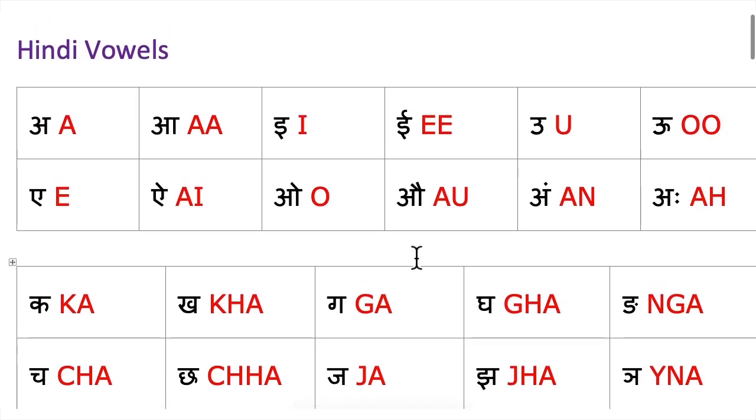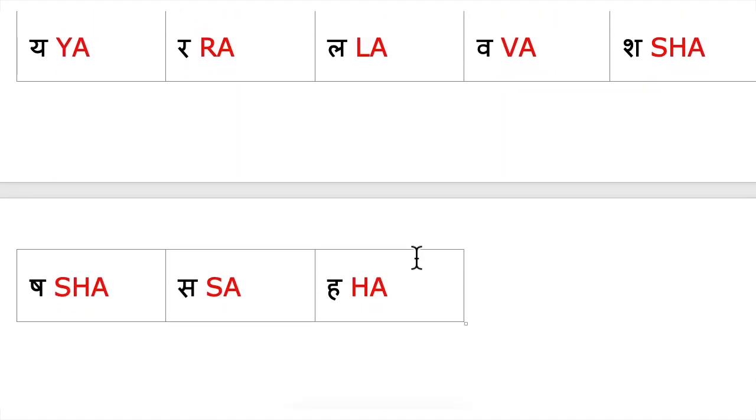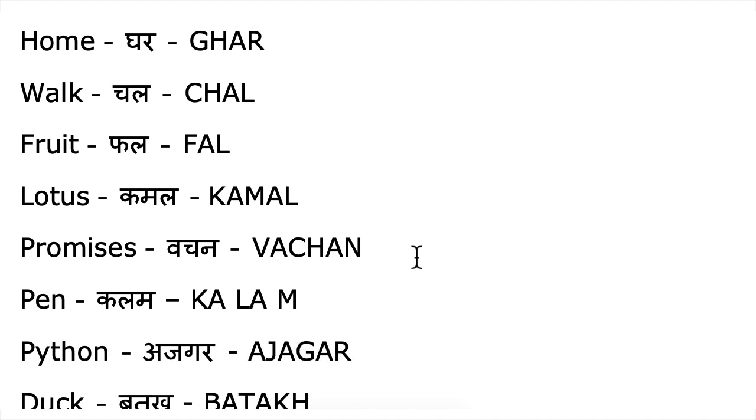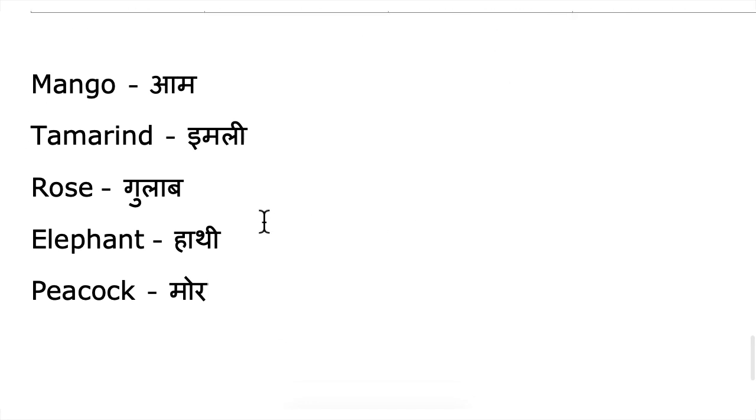First you have to learn about the vowels and then consonants of Hindi, which I showed you in my last video, and in this video I showed you how to make the matras and how to pronounce them, and then how to form words with the matras. In the next video I will show all the barakhari and we will learn about more complex words in Hindi. By using this video you can write and read Hindi very easily.